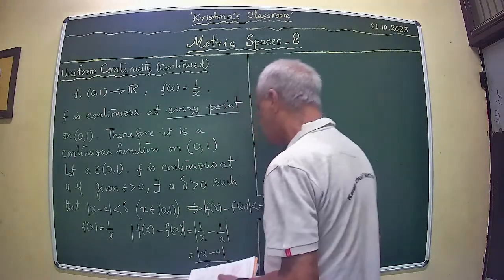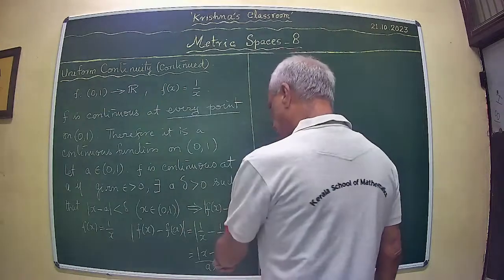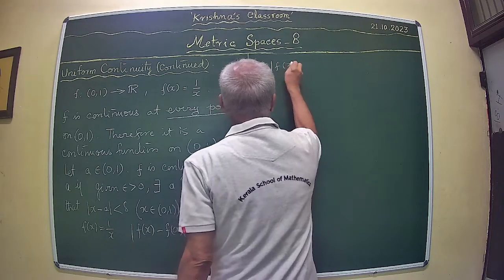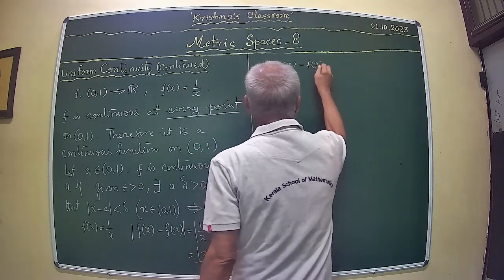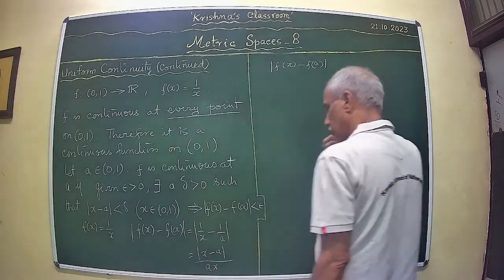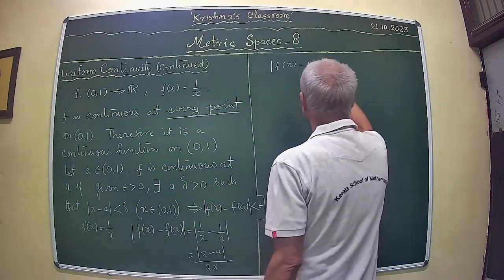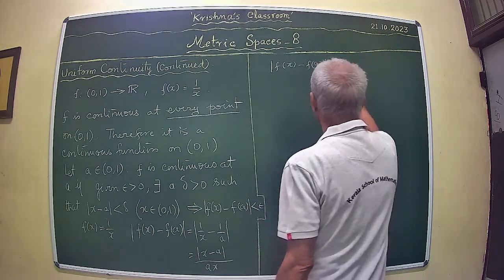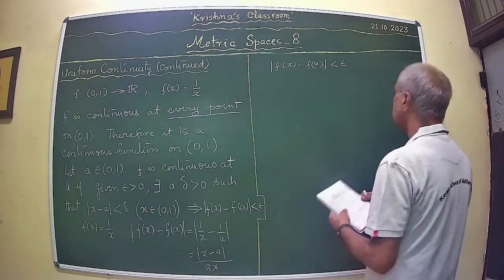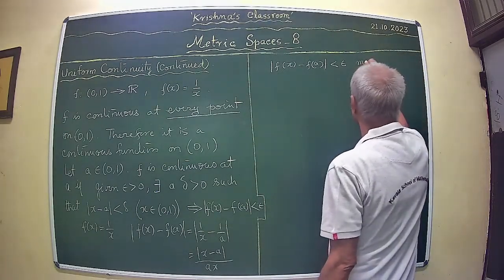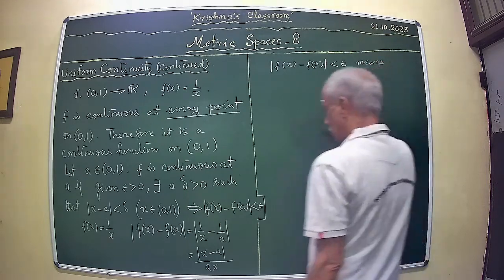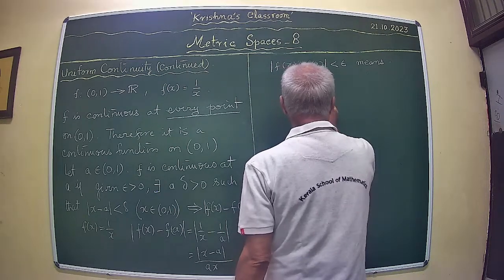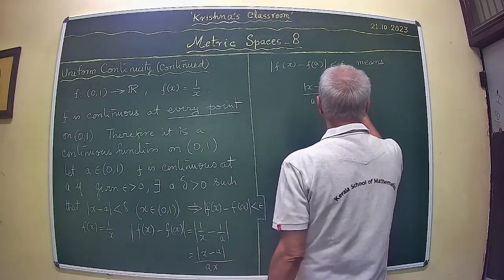Now what we want is mod f(x) minus f(a) less than epsilon. That means mod x minus a divided by ax is less than epsilon.